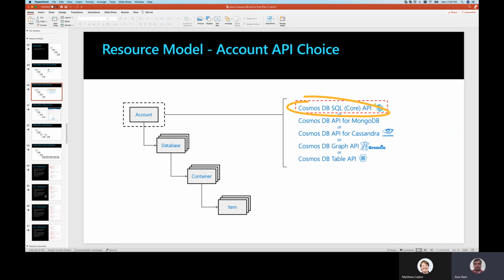If you are doing a brand new development, then I strongly suggest you pick our Core API. If you are performing migrations from Mongo or Cassandra, obviously we'll be choosing the Mongo or Cassandra API. And if you have graph-like scenarios, then you will be choosing Gremlin, with the ability to cross-operate with SQL Core. And if you have a key-value storage kind of scenario, you will be choosing the Table API at this level.